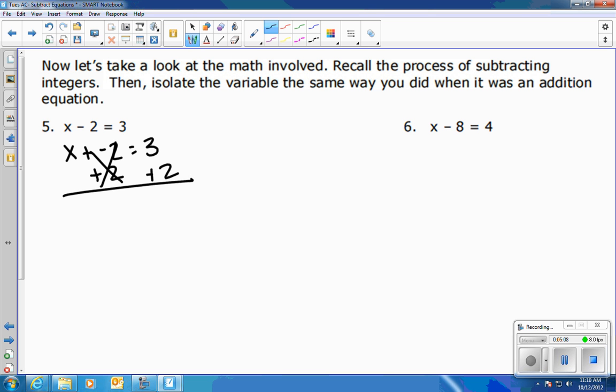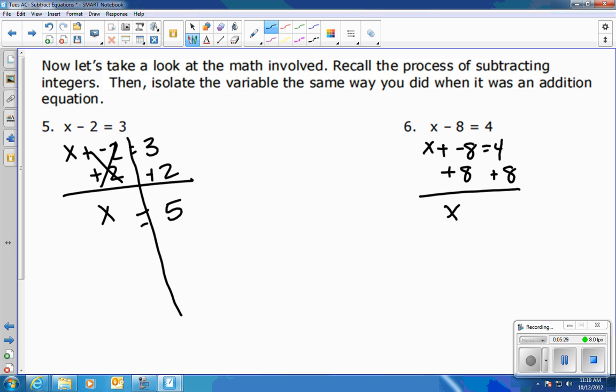This goes away, and you have x equal to 5. So this is the same thing as x plus negative 8. So to get rid of a negative 8, I have a positive 8. And x equals 12.